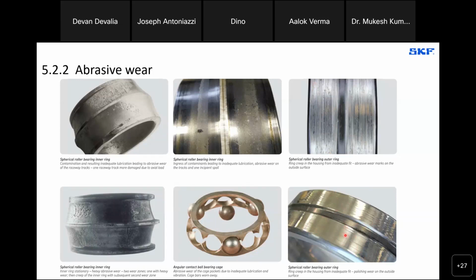So that would be flagged as an issue. It says here in the notes, the housing had inadequate fit. Many times ring creep is actually related to rotating loads, so imbalance. You might see something like this in a high-speed fan, maybe an overhung fan, where we have a slight imbalance and it's actually dragging the outer ring of the bearing around.